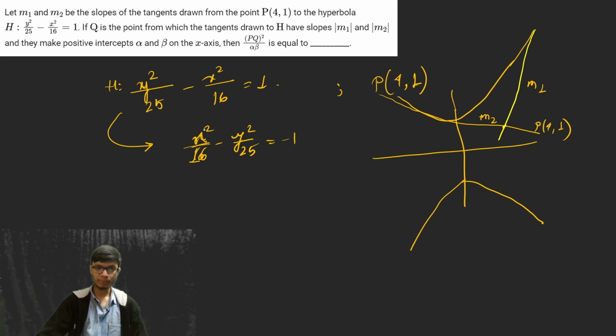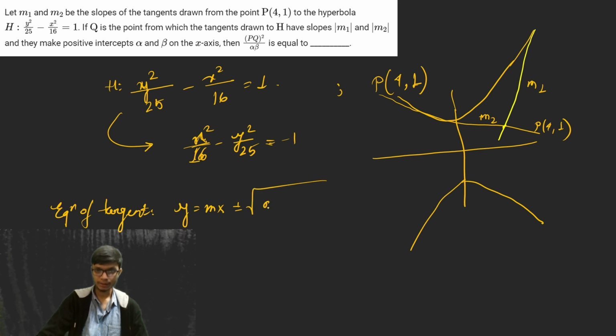Now for this particular hyperbola, which is equal to minus 1, with the y square term being minus 25, for this kind of hyperbola we get the equation of tangent as y is equal to mx plus minus root under a square minus b square m square.